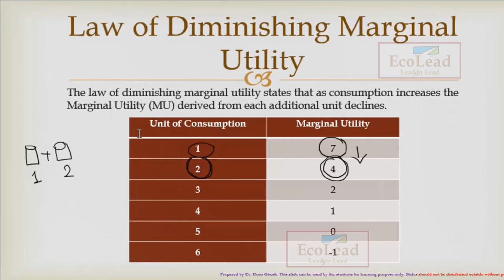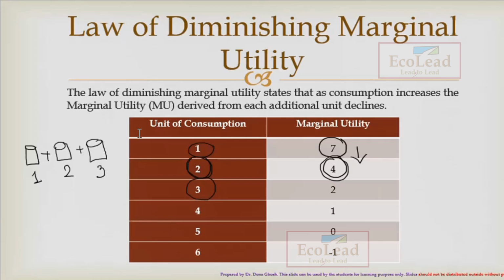Now you are feeling better after taking 2 glasses of water. Now if you add one more glass, probably you will be able to satisfy the residual amount of thirst with the help of the third unit. So here the consumption of the third glass comes.